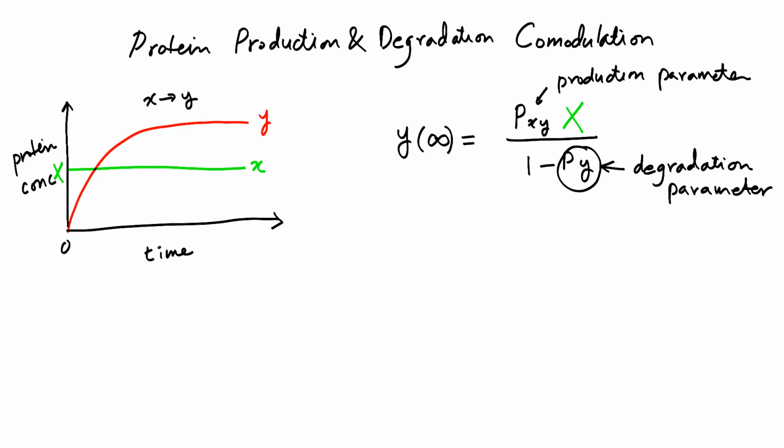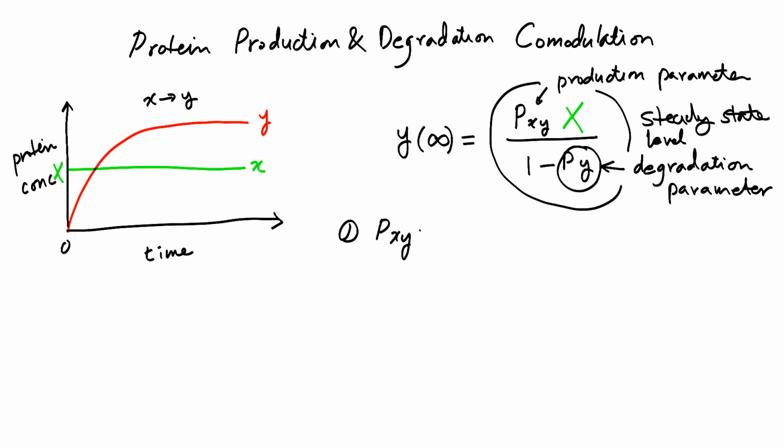Now, what I want to show you is that this steady state level can be achieved with different sets of pxy and py values. In other words, the same steady state level can be achieved using different sets of production and degradation. For example, let's say p sub y is 0.9 and pxy is 0.1.